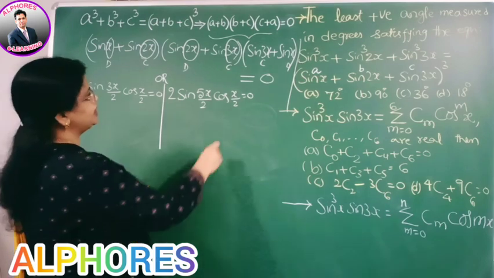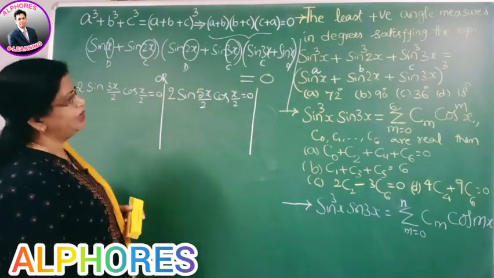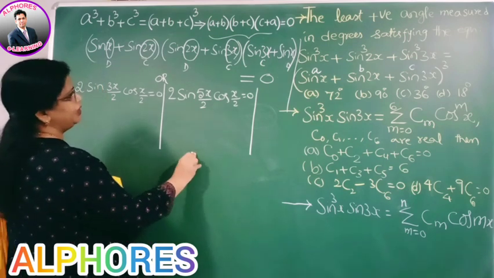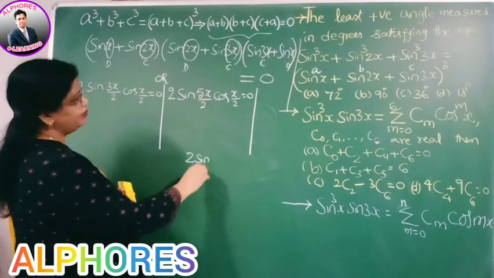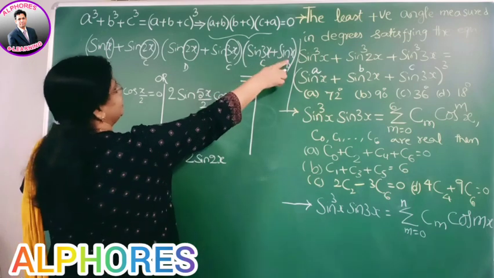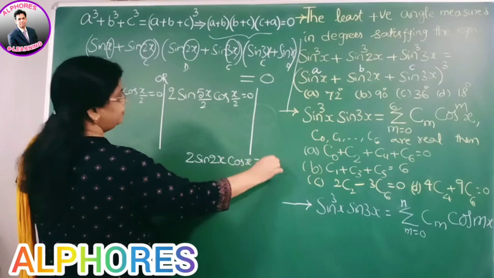Understand? And the next value also you can get from these two equations. What is that value? Actually 2 sin (3x plus x)/2, that is 4x/2, implies 2x, and cos (3x minus x)/2, that means cos x equal to 0.